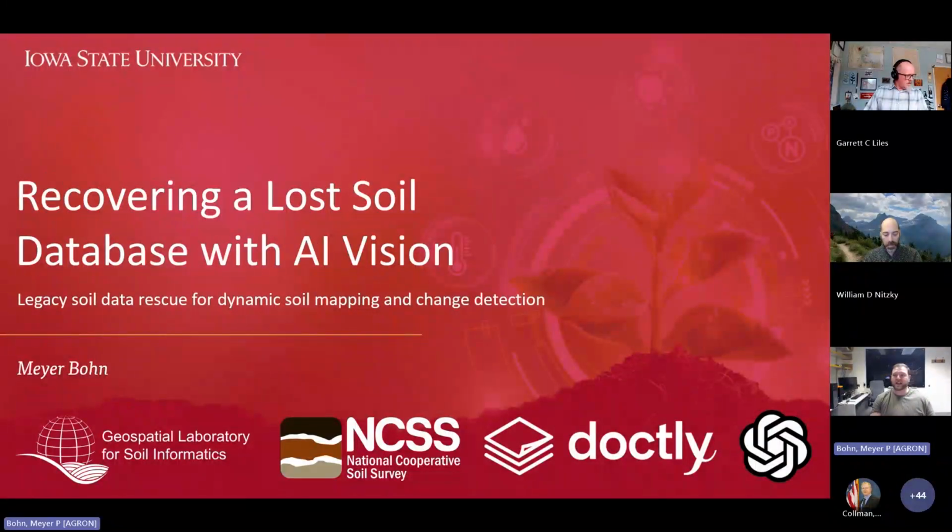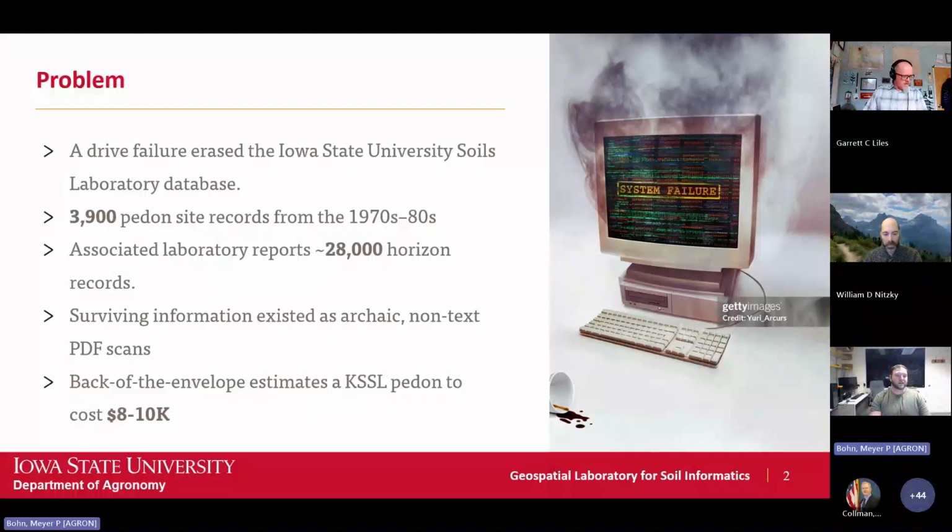So Iowa State had lost a soils database from their soil testing lab that had basically a bunch of pedons taken from all the survey work going through the 70s, 80s, and even into the 90s. And so a lot of them were typifying unit descriptions, like full profile descriptions, lab characterization, you name it.